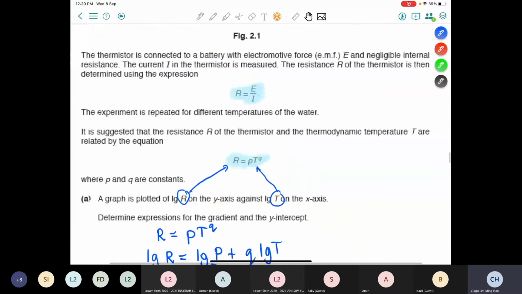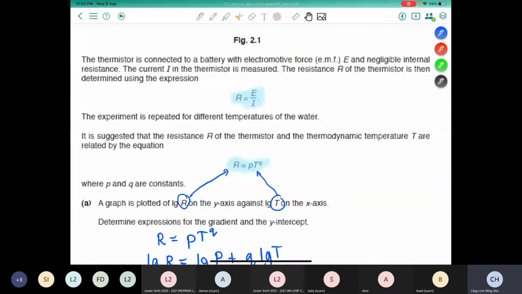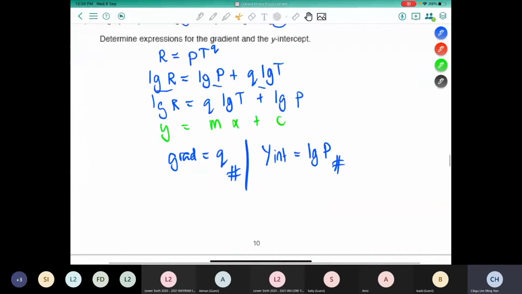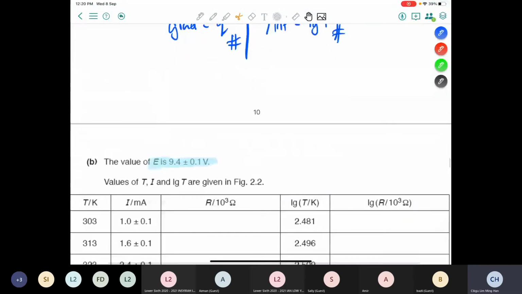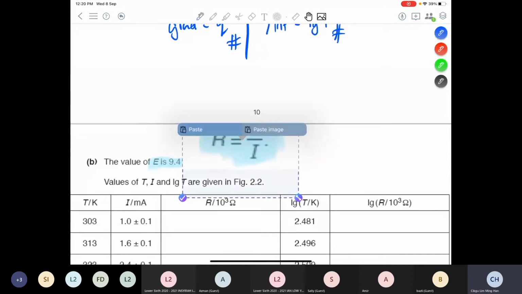If you look at the first expression just now, this is where we have the relationship of I. So you can come back here again. Put the image back here.